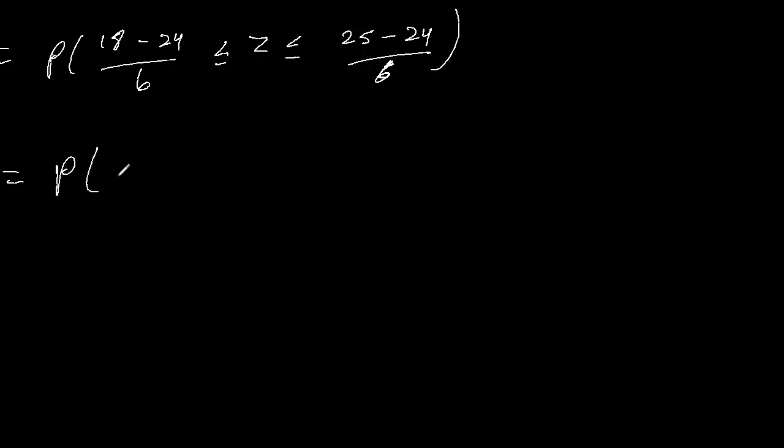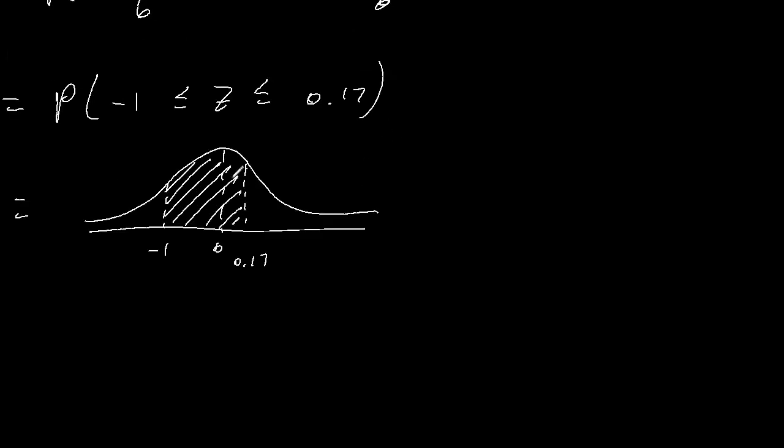So we calculate this and we should get negative 1, and calculate this next, and this should be 0.17. We need to find the area of this shaded region, which is the probability of x lying between 18 and 25.